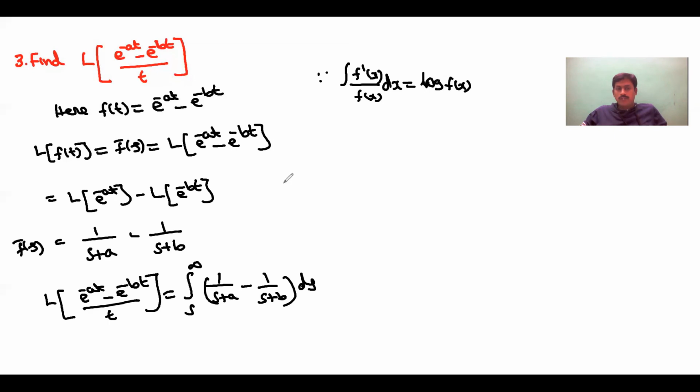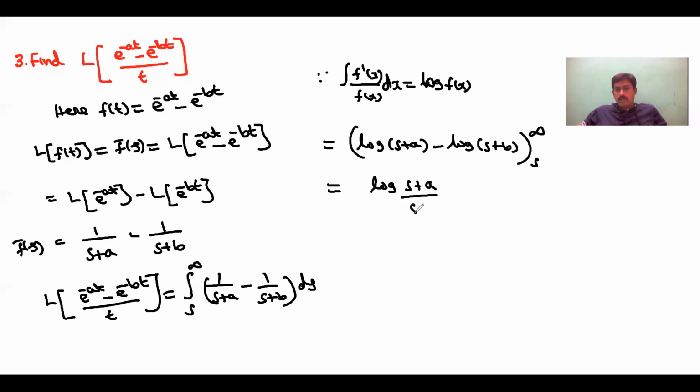Here if you differentiate the denominator s plus a, you are getting the numerator 1. So therefore the first integral will become log of s plus a minus log of s plus b, limit s to infinity, equal to log of s plus a by s plus b. Using the logarithmic property, we have written it like this.